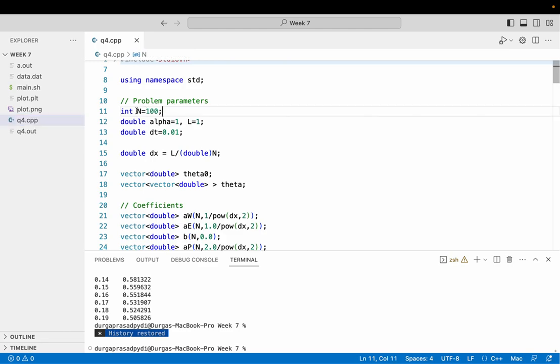Yeah, so n is your number of cells, so I'm just considering 100 cells. Alpha and L, like we don't have any diffusivity and length, so I'm just considering both of them to be 1. And for the time step, I'm considering a value of 0.01.